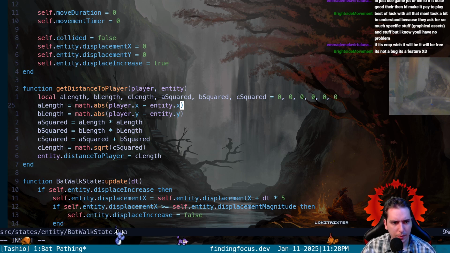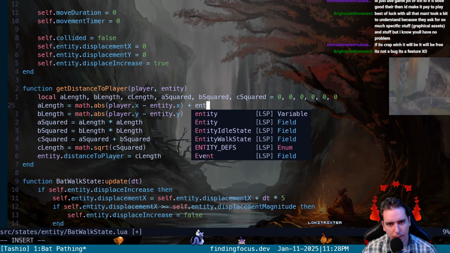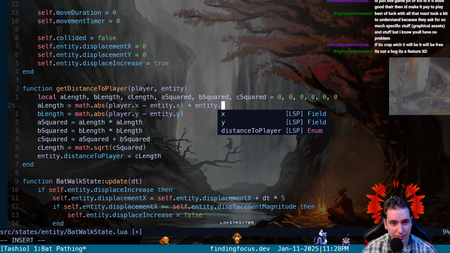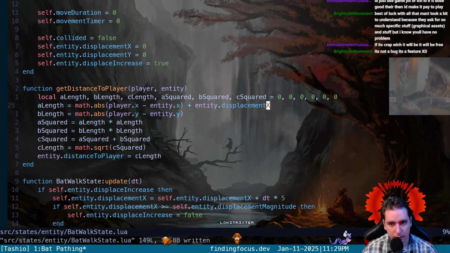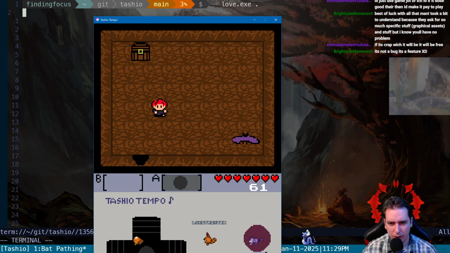So the distance here, we take the absolute value of there, and then I think we have to add the displacement after the absolute value, because we could have a negative or a positive displacement, and both of those change the distance of this A length. So I think we can do this displacement x here. I could be wrong on that, but let's see.